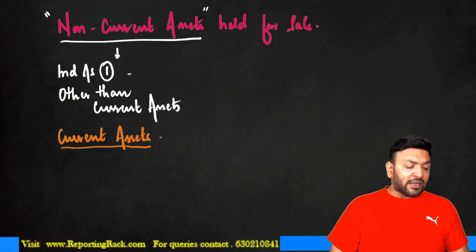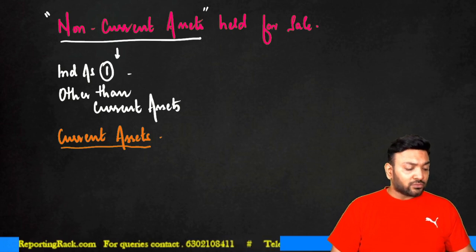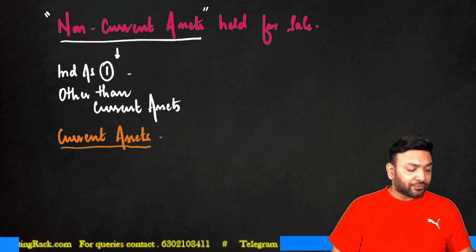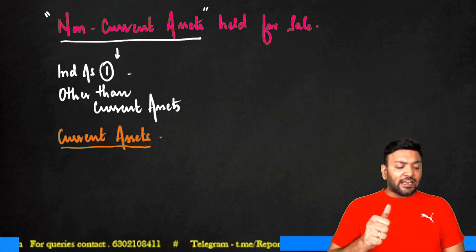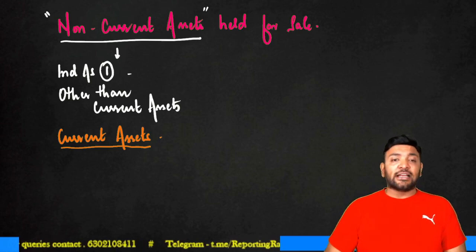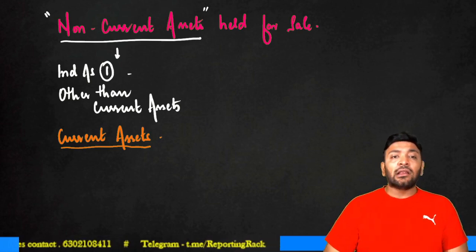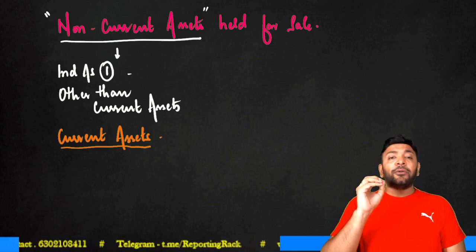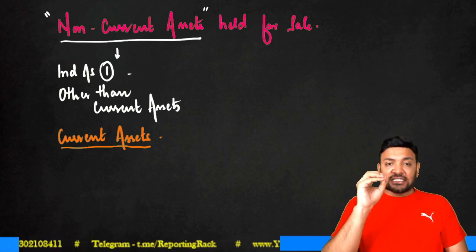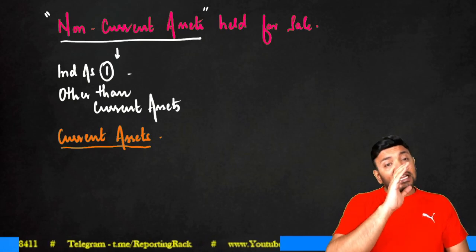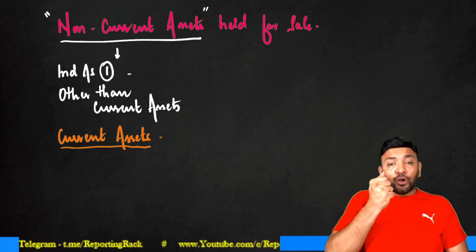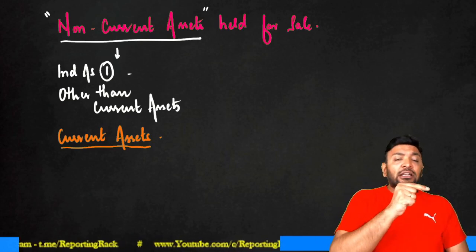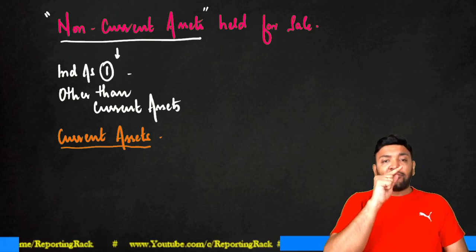What do you mean by an operating cycle? An operating cycle is nothing but the time period taken from the date you purchase the raw material, use the raw material in the process of production, produce a finished good, sell it to the customer, and realize the money from the customer.